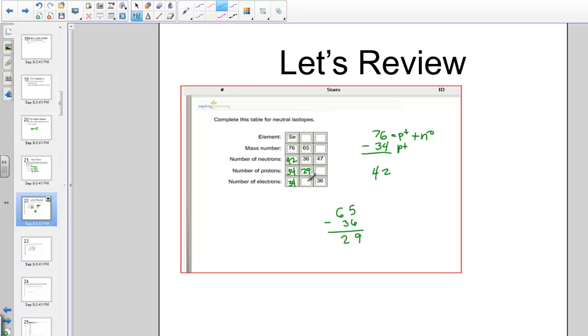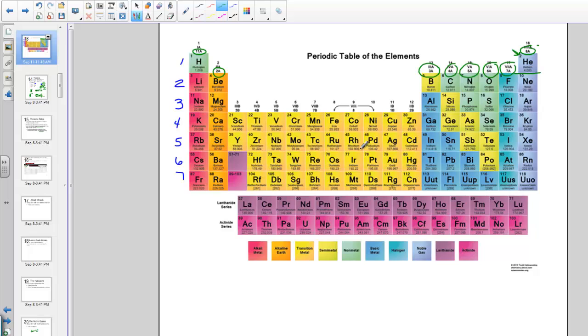And as soon as I know this, 29, I know it's automatically the same for electrons. And now who is element 29? To identify it, we use our periodic table and find number 29. On our periodic table, number 29 is the element copper, and so its elemental symbol of Cu needs to be placed in the box there.